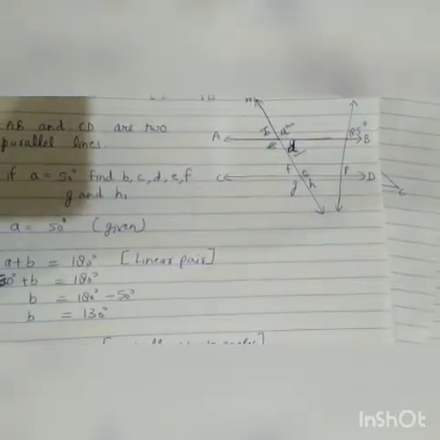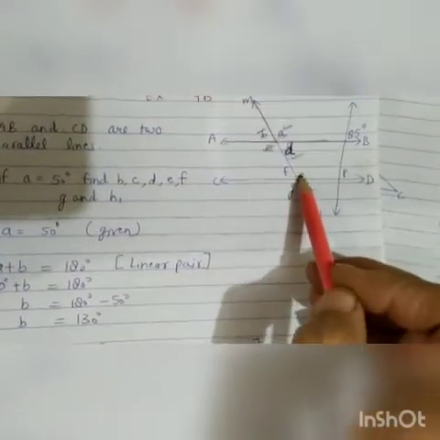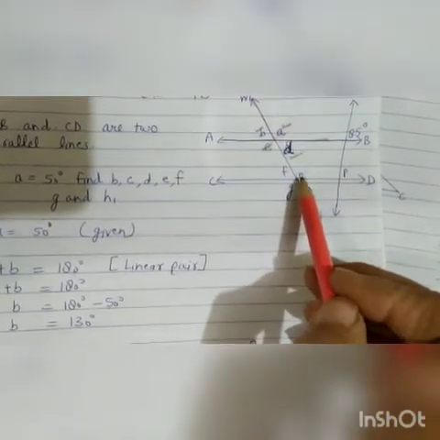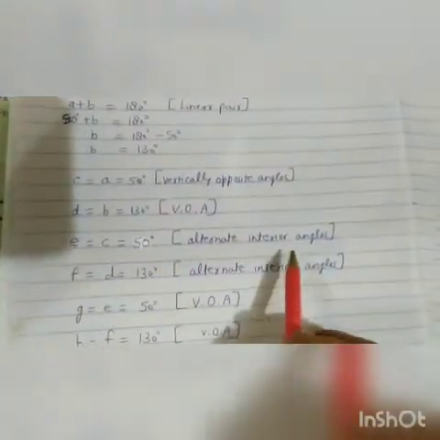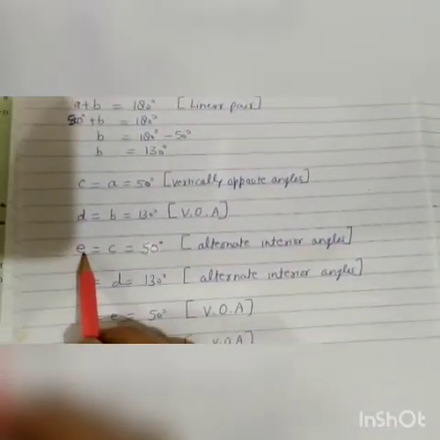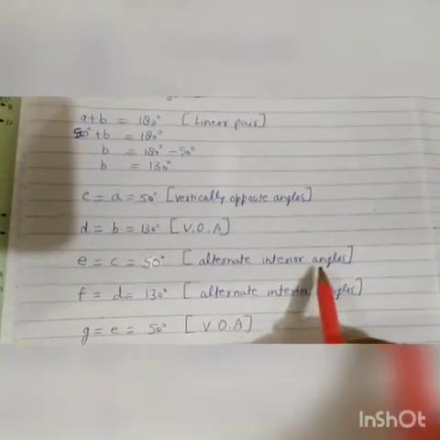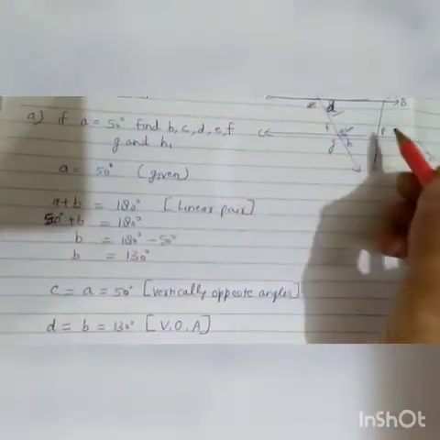You can use any relation. If you take E equal to A, then you write corresponding angles. If you take E equal to C, then we write alternate interior angles. So I have written E equal to C. This is again 50 degrees. They are alternate interior angles. Now we have found E also.